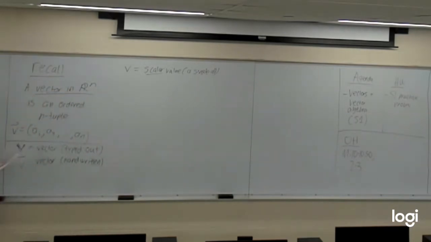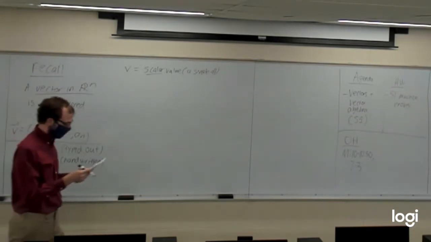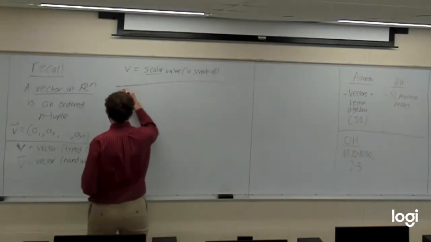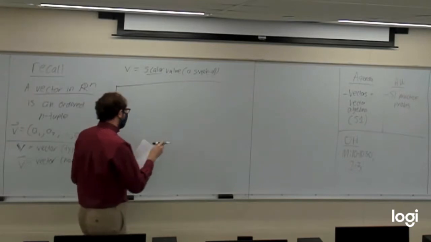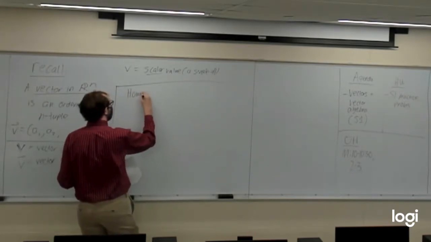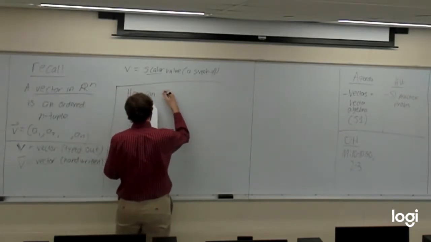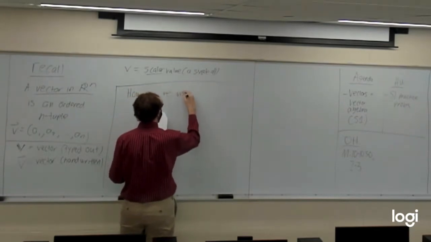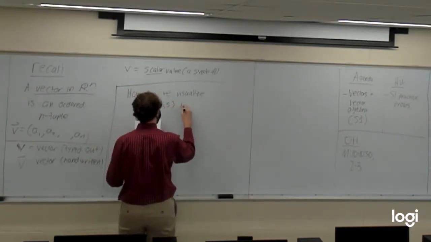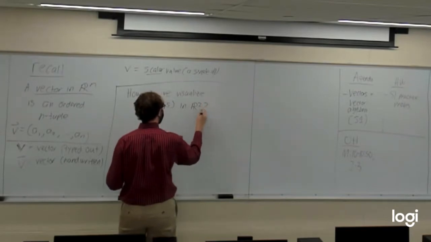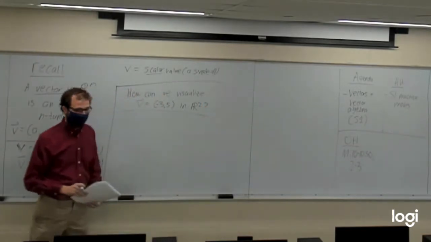So what I thought we could talk about today to start things off is how you would visualize 2 and 3-dimensional vectors. I'm going to be starting on the second page of the packet. So, first question I want to ask is how can we visualize the vector v equals -3, 5 in R2?